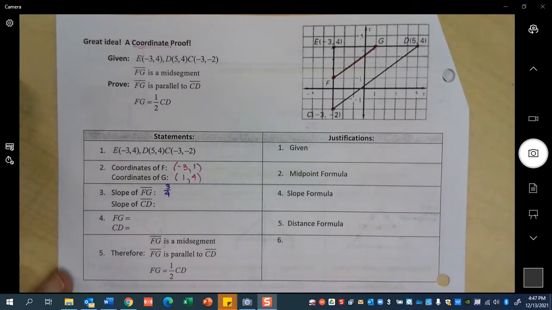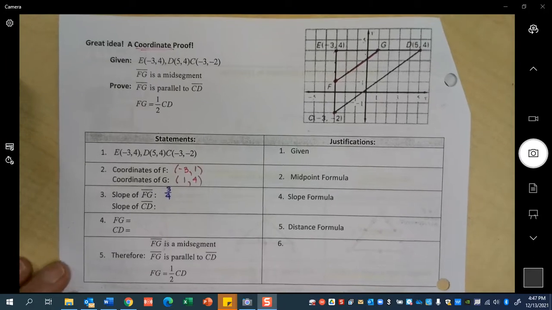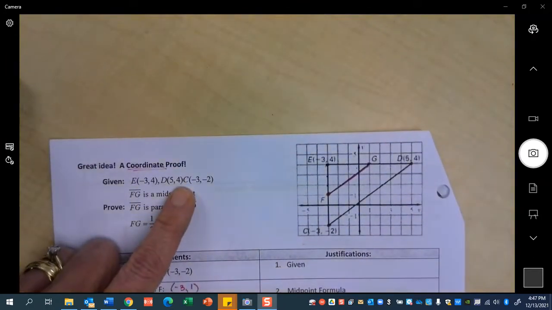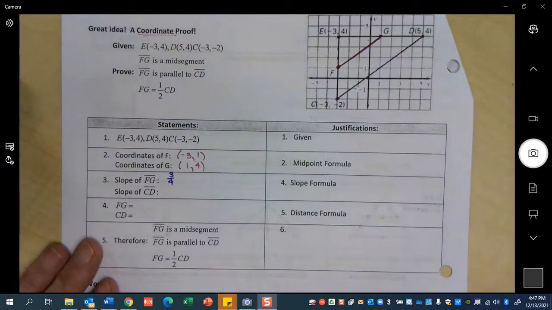All right, let's talk about my slope of CD. So my slope of CD, if I go and get those coordinates from up here, my slope is going to be my y2 minus y1 over x2 minus x1.